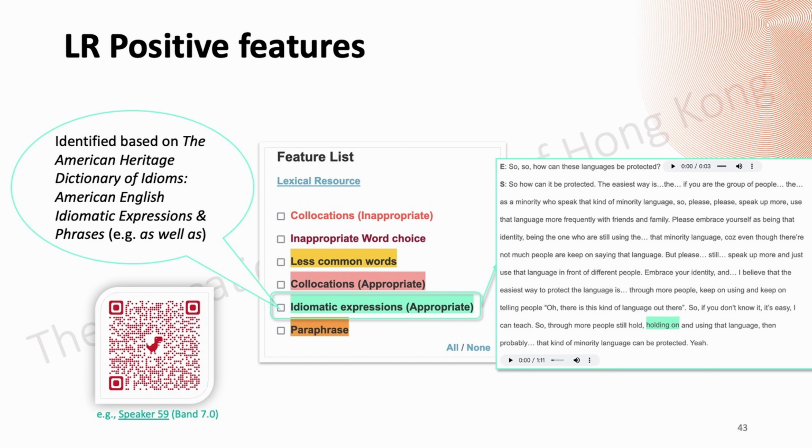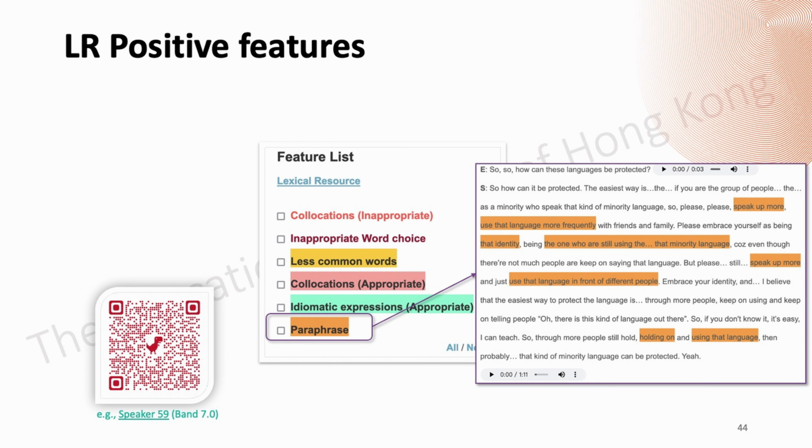Some of you may think that idioms are those very fancy ones, like apple in my eyes. However, some simple daily expressions are actually idioms as well, such as well as, and holding on. Finally, in terms of paraphrase, it can be done by using synonyms and giving examples and explanations.